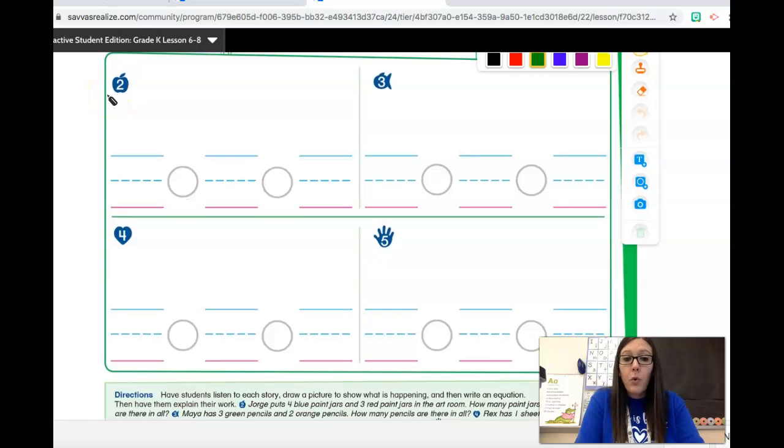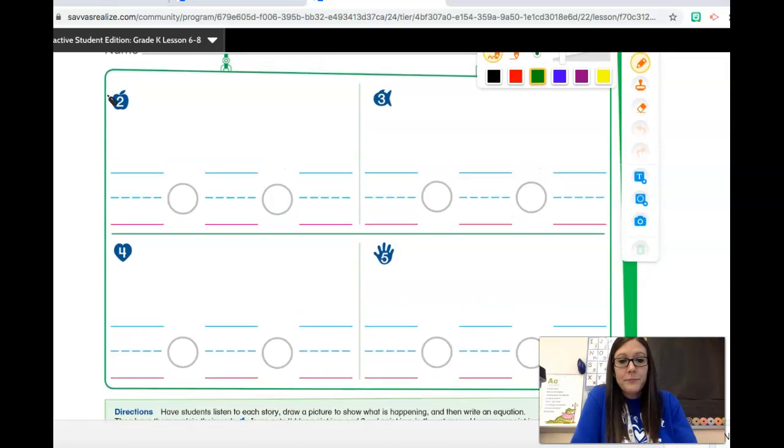George puts 4 blue paint jars and 3 red paint jars in the art room. How many paint jars are there in all? If you would like to get those specific colors, you can, but I'm not going to. I'll show you why. We can just draw counters that match our story.